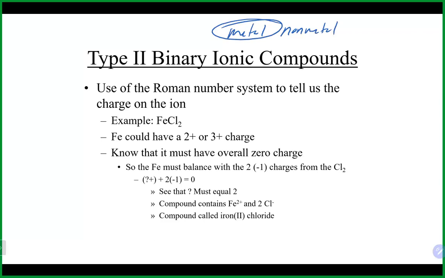Metal in this case is a type 2, which means it can have a variable positive charge. And again, that is your transition metals. And just to the right, as we talked about there, like tin and antimony and lead on the periodic table.